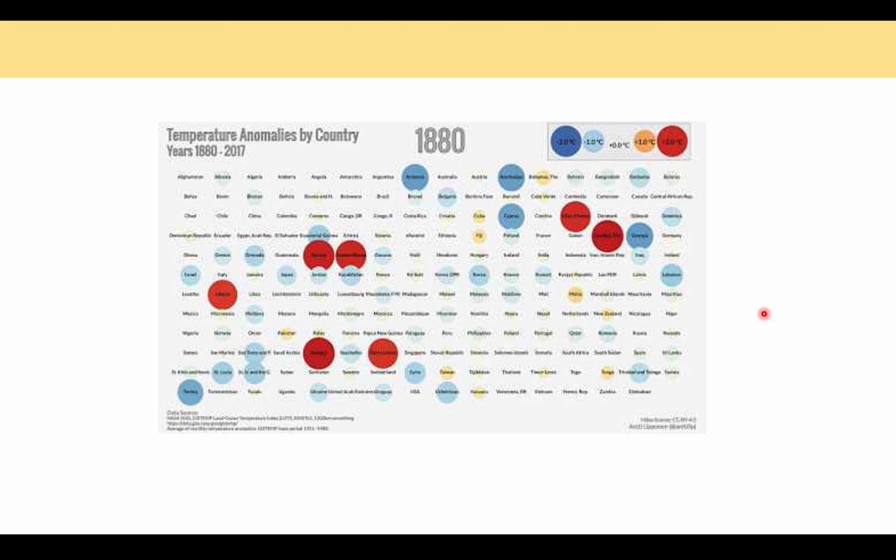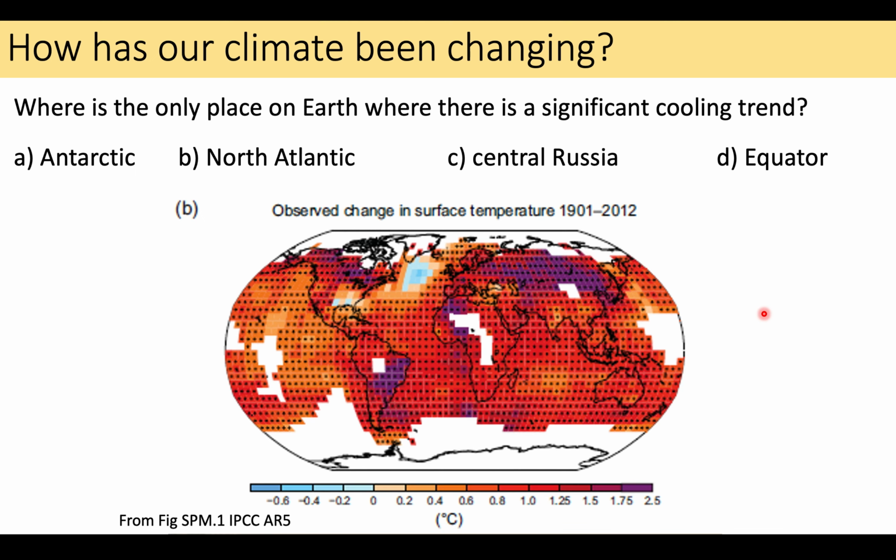So this is a graph of observed surface temperature change from 1900 to 2012. So take a look at this graph and try to decide where's the only place on Earth that has had a significant cooling trend.